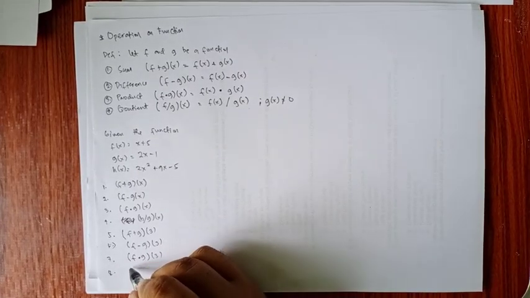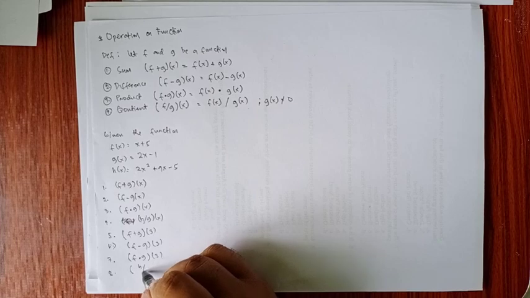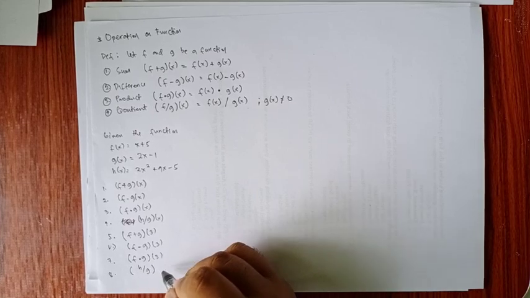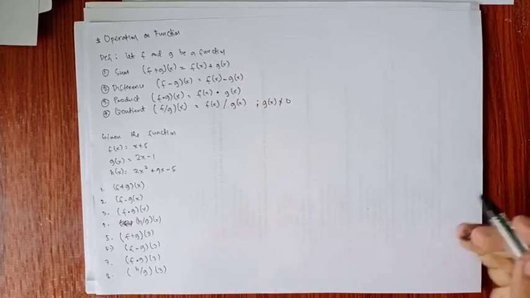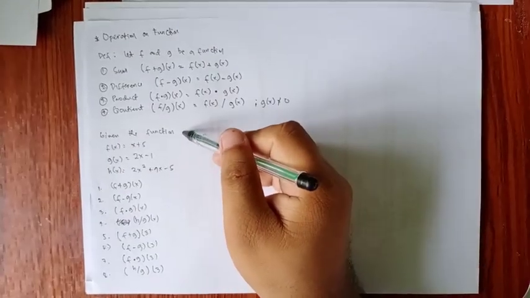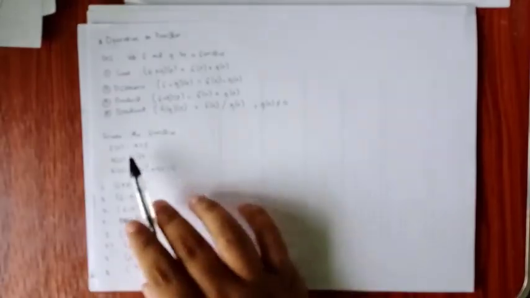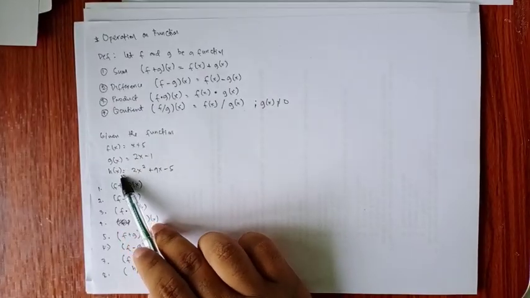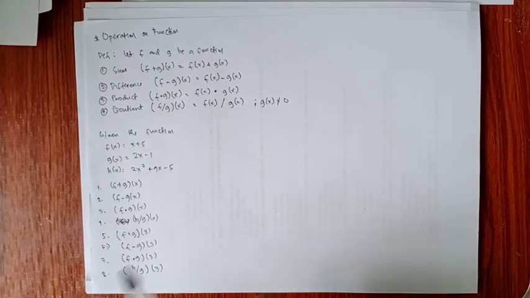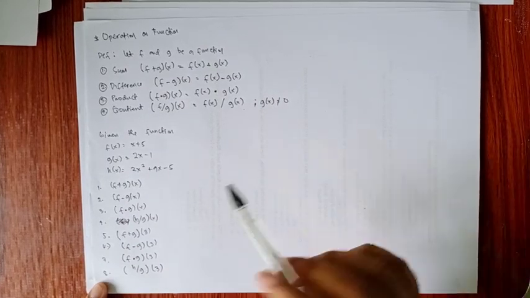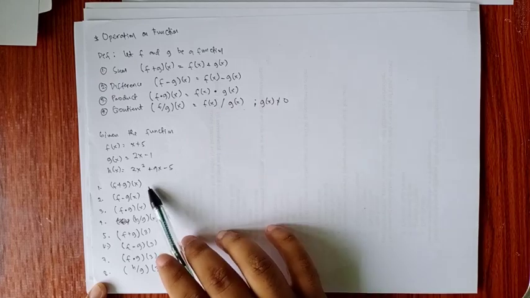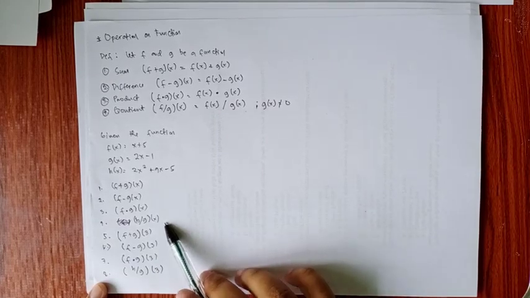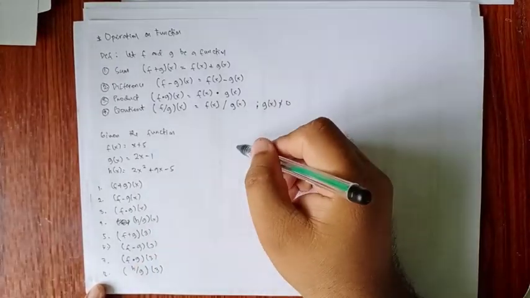Last, number 8, meron tayong H divide G of 3. So again, given tong tatlong functions na to, si f of x, g of x, tapos si h of x, we're going to find this one, operate this one. So let's have it here.